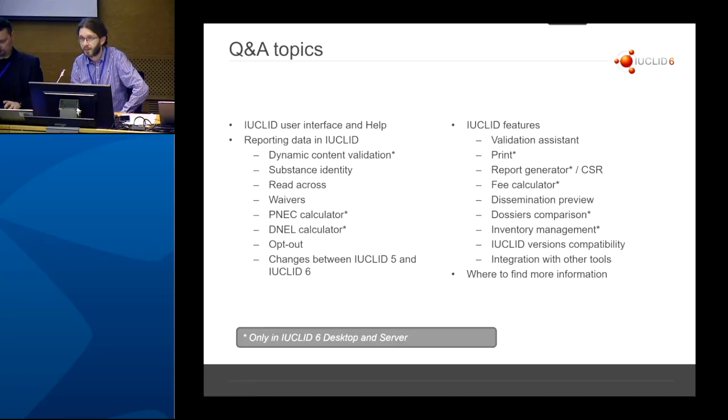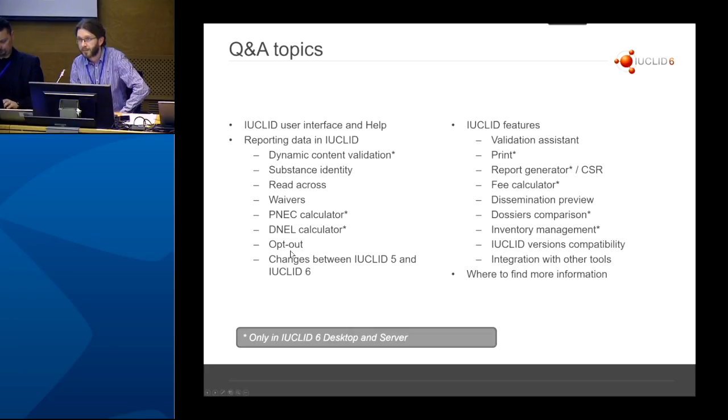One of them is the PNEG calculator and the DNL calculator. These tools are really useful in case you have to perform a hazard assessment. So mainly for the lead or for the individual registrants who needs to calculate these thresholds for which the concentration in the environment and the exposure concentration for human should not be above these values.